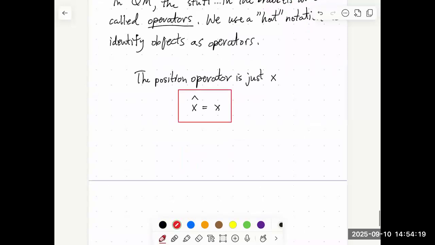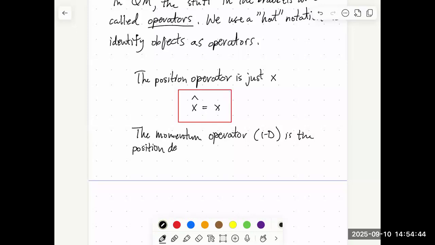That's the simple case. The momentum is a little more subtle. The momentum operator. So far, everything we've done is just one-dimensional, so I'll emphasize that this is in 1D. It is the position derivative with some other factors.